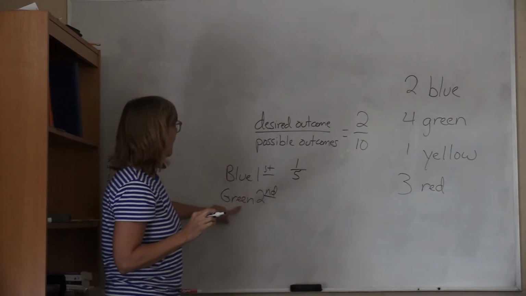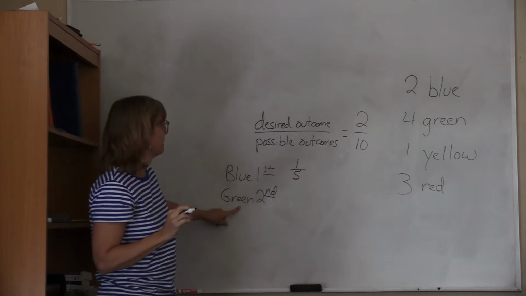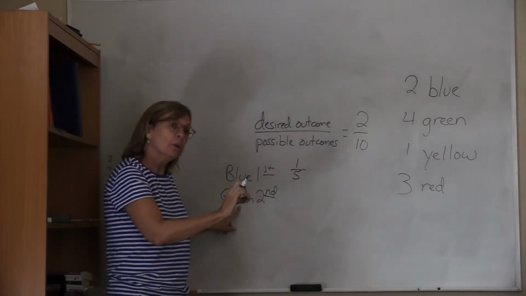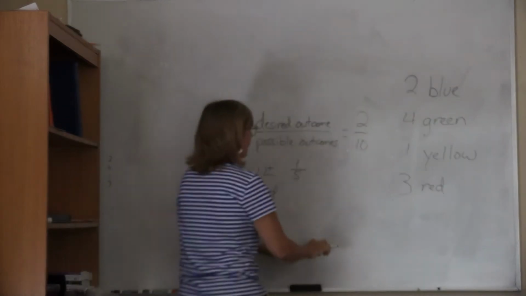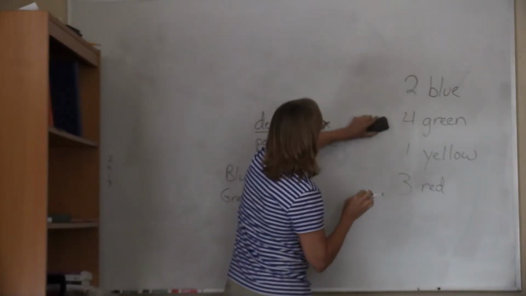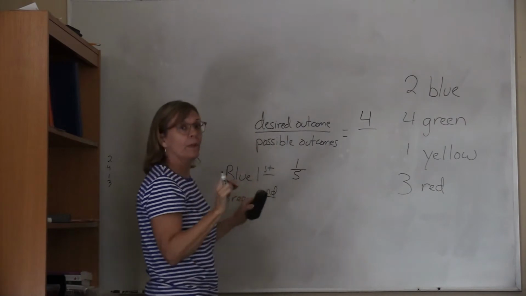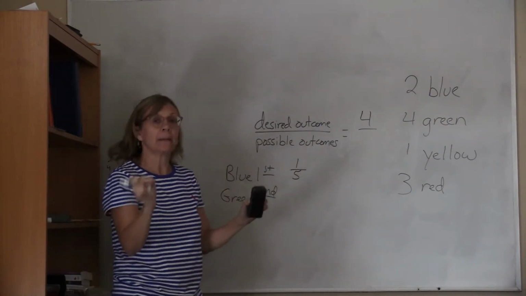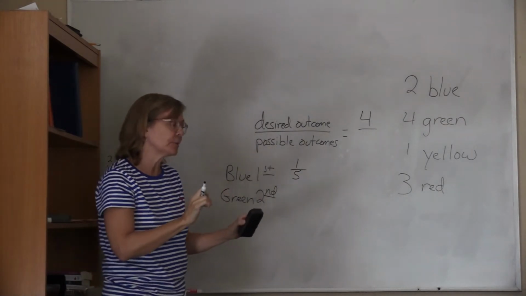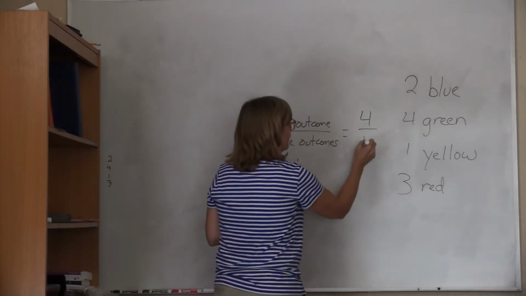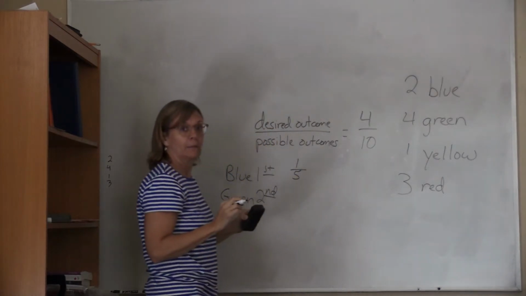Okay? Here's the thing with the green. If I put that blue back in there, well, how many chances do I have of the green? I have 4. If they say with replacement, that means I put that back in there. So how many possibilities would I have? 10. 4 out of 10, okay?